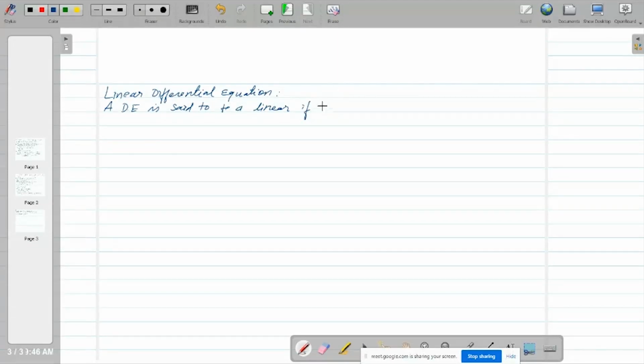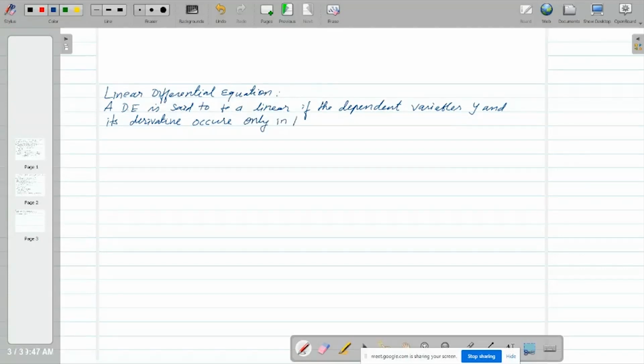the dependent variable y and its derivative occur only in the first degree.